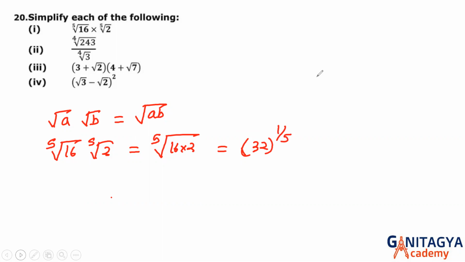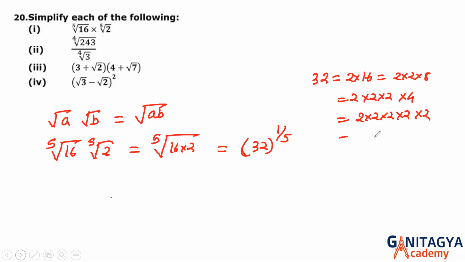At the same time, can you factorize 32? 2 into 16, that is 2 into 2 into 8, then 2 into 2 into 2 into 4, or 2 into 2 into 2 into 2 into 2. So this is nothing but 2 raised to 5.